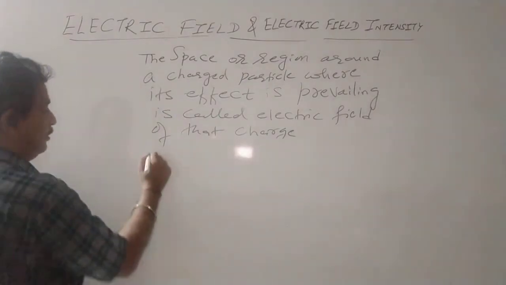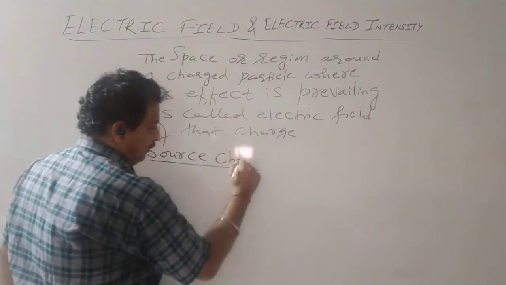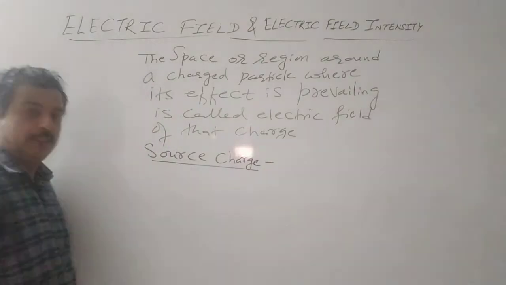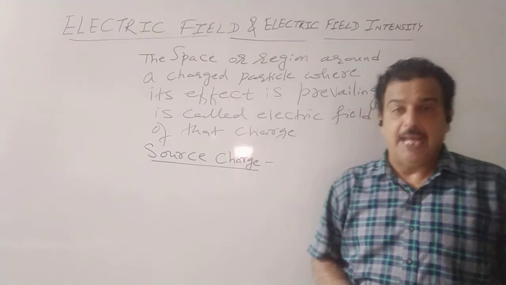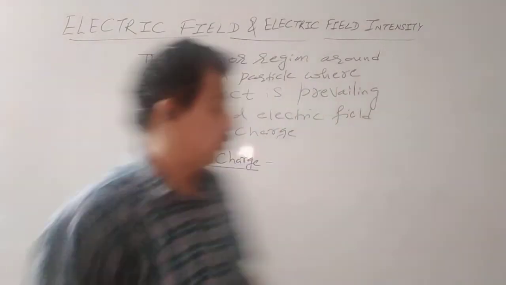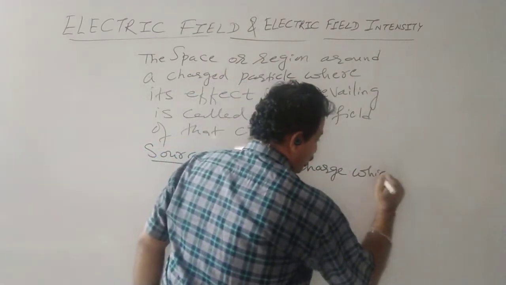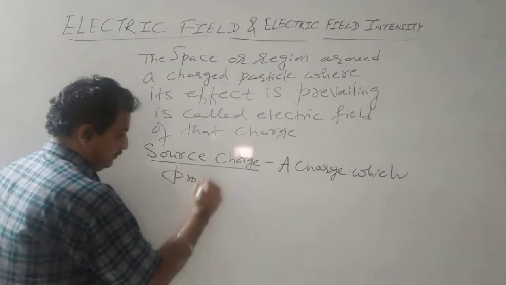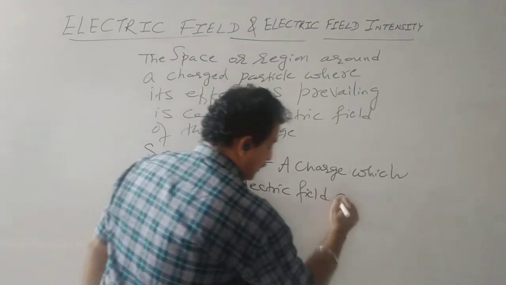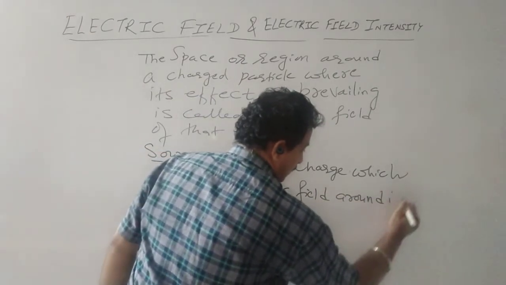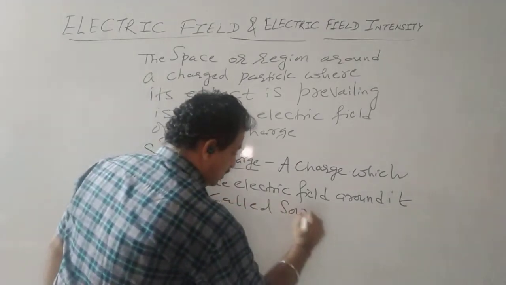So we introduce two words. Let us define these two terminologies. Source charge. So what is a source charge? A charge which produces the electric field around it is called a source charge.